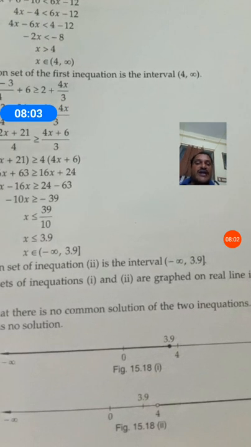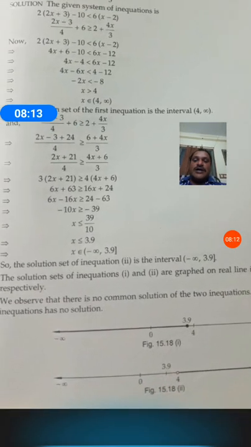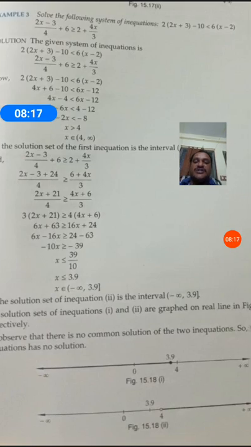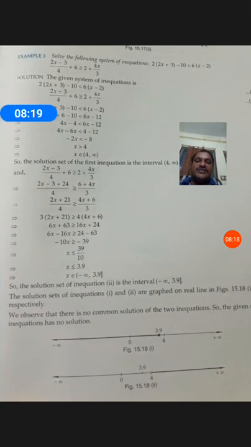Do you find any common solutions for that? One is 4 to infinity and another one is minus infinity to 3.9. I don't have any common solution, therefore we observe that there is no common solution for these two inequations. Therefore the solution for this particular problem is the empty set, my dear students.